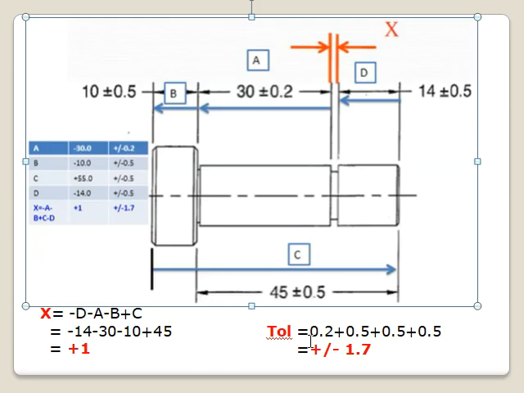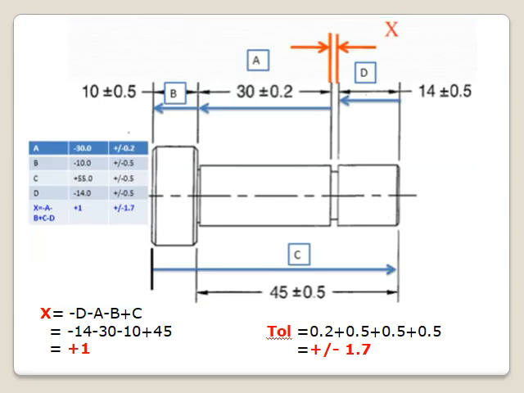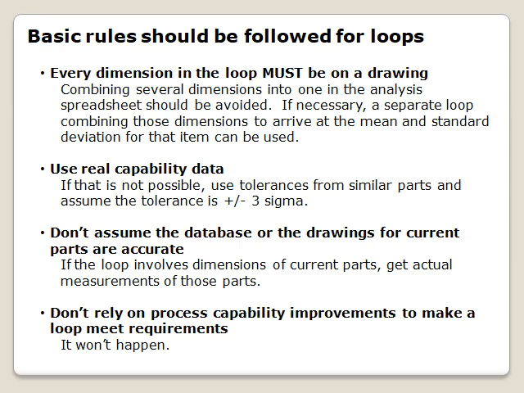and we need to add the tolerance of these things in the same fashion as we took. Here we need to add all these things, plus or minus, which gives the tolerance value. And there are some basic rules that should be followed for loops.